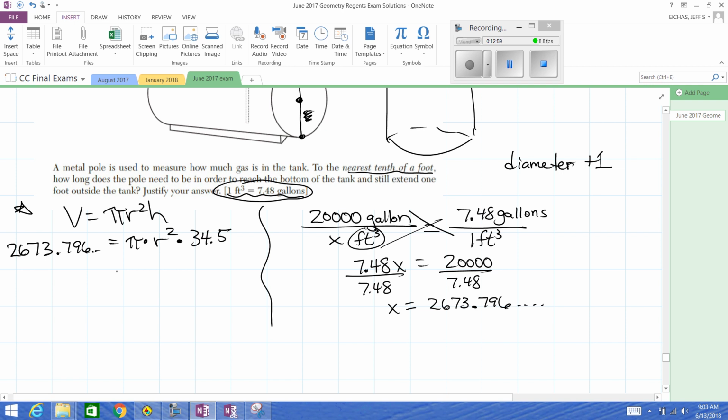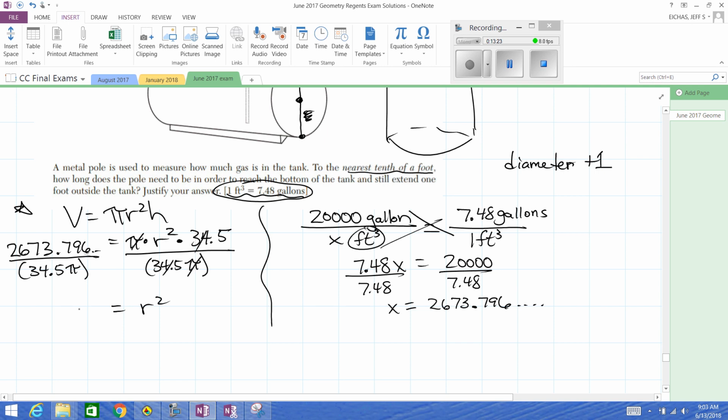Okay, so what I did in my calculator is I divided by 34.5, and then I divided by pi. Be really careful of this. If you do it all at once, make sure you have the big fraction template on your calculator, or you put the bottom in parentheses. It's up to you. But let's just be really careful about that.